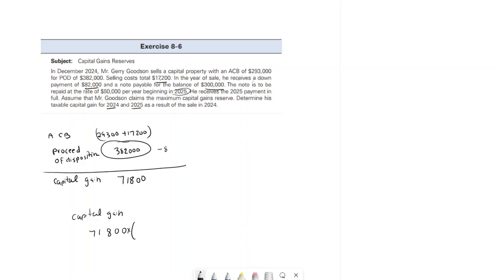They gave us the cash payment of 82. So not yet paid, which is 300,000. So you're going to say 300,000 divided by the total amount that we sold the property at, 382. This becomes your reserve.